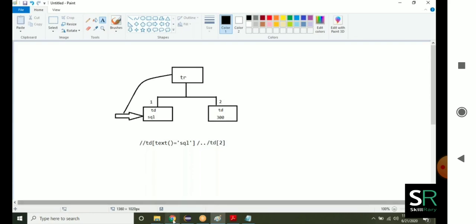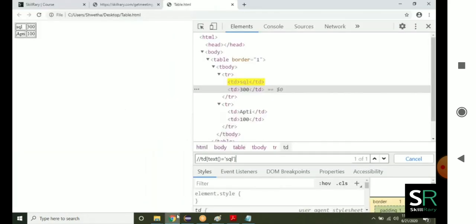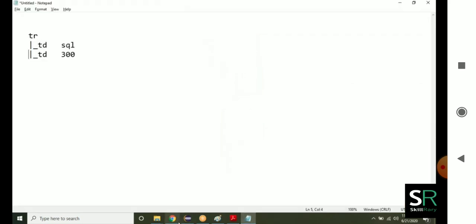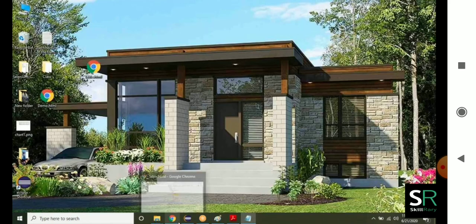Let me tell you once again. First, let me check it out. Slash dot dot. From here, you use slash TD of 2. See, it is working. What is the advantage? If the price is getting changed, let me change the price and show you.